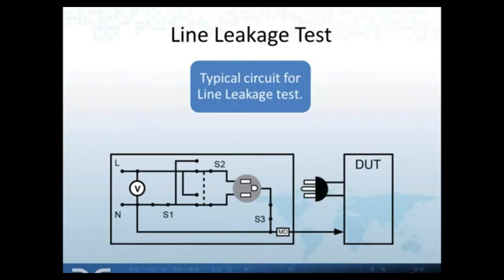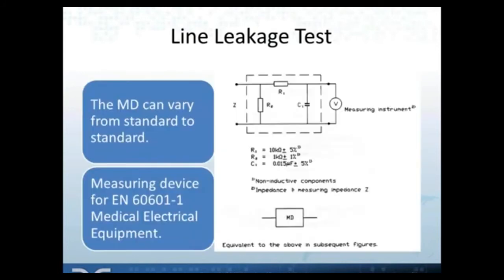Here's a typical circuit for a line leakage test, and you can see the different switches here, S1, S2, and S3, and also the MD, the measuring device, which is based on the standard that the product is trying to comply with. These switches, S1, S2, and S3, are what can simulate different fault conditions during this test.